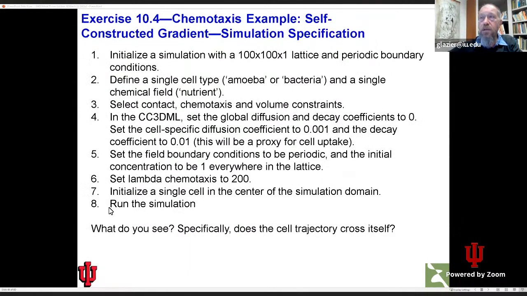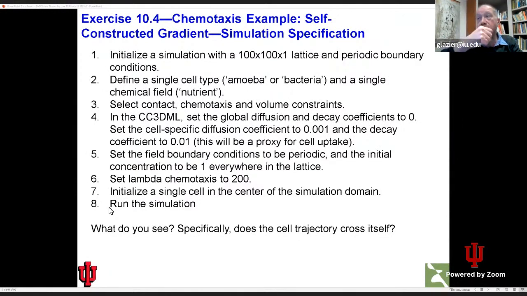So what I'd ask you to do here in the last few minutes is create a simulation. I would just start with a constant of 100 by 100 with periodic boundary conditions. Define a single cell type in a single cell.